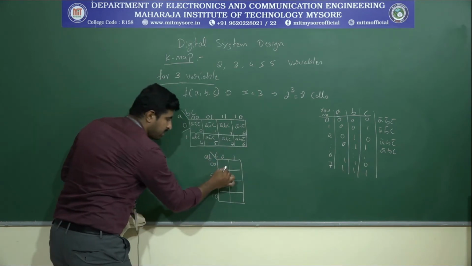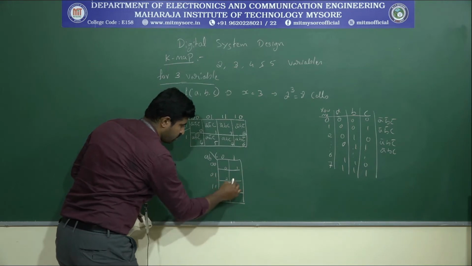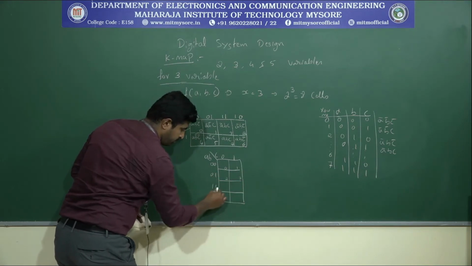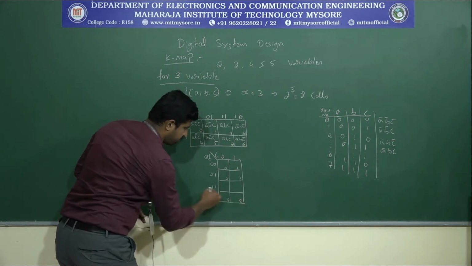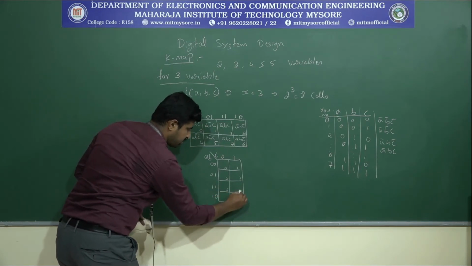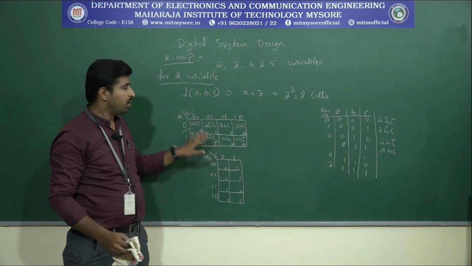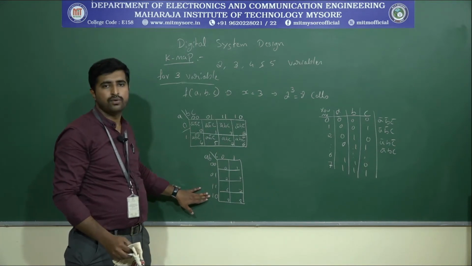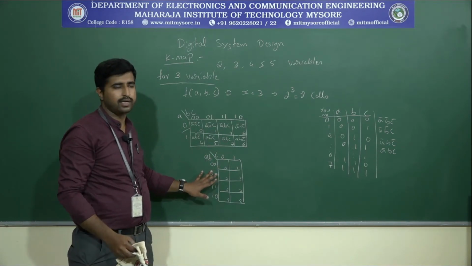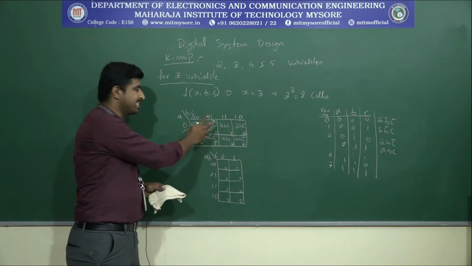Similarly that corresponds again to 0, 1, 2, 3, 4, 5, 6, 7. So both are equal actually. We can write like this also, or you can write in this way also. Both are the same, but I prefer this way. I will always use this format.